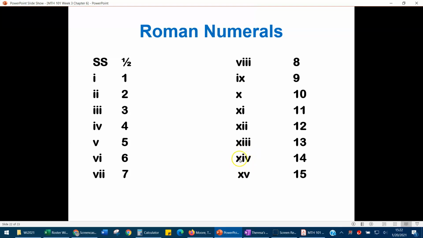But 4 is smaller than X, so it's X plus 4. So XIV is 14, XV is 15. So these you should know definitely, 1 through 15, and know that SS is 1/2.